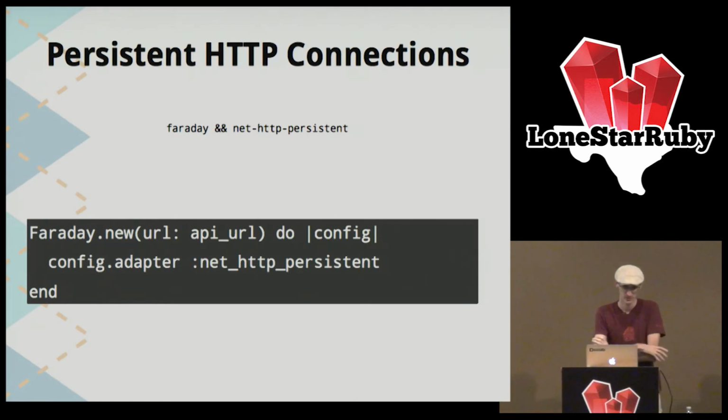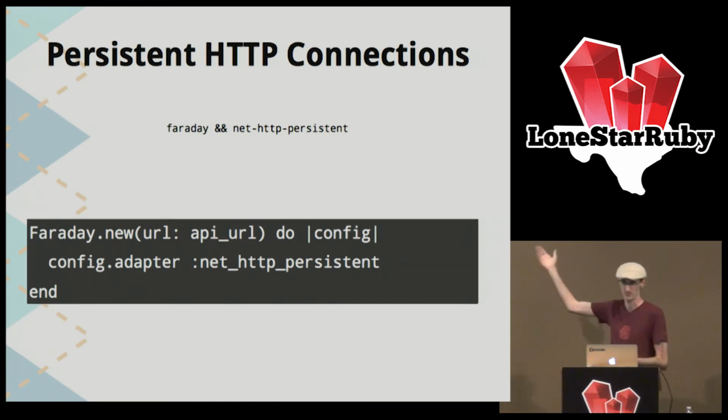And then the third is persistent HTTP connections. I was using Faraday, which is a gem that presents a uniform API for dealing with HTTP requests, and then you can switch out the back end of it, they call it an adapter, for how it actually makes those. Out of the box, it uses NetHTTP from the standard library.